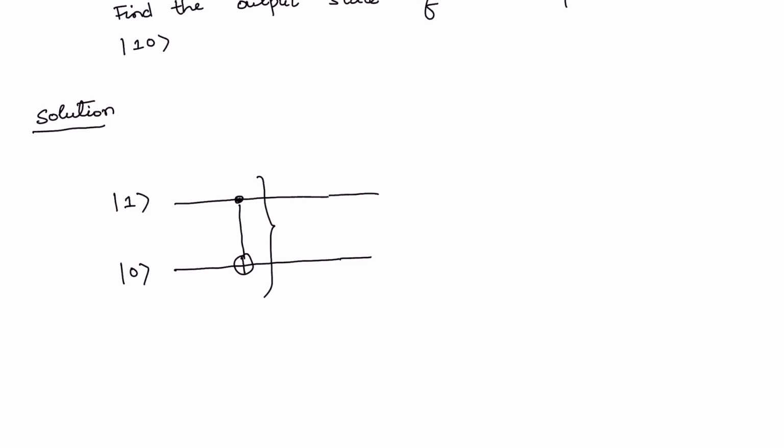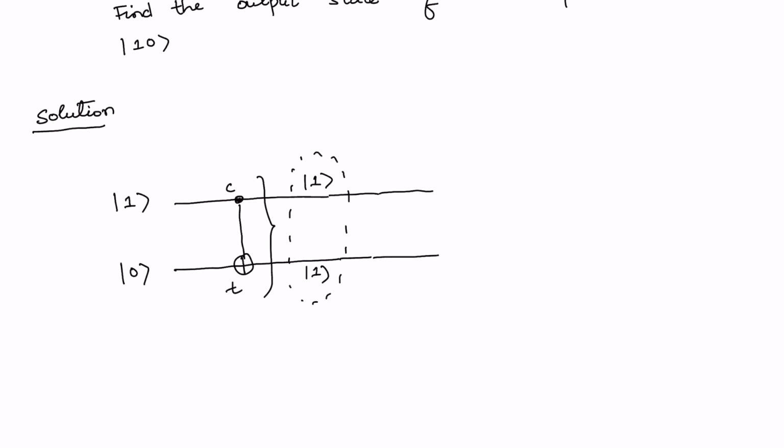Because the control is 1, the target is going to get flipped. So here you are going to get 1 and 1. So this is going to be basically your input for the second gate.